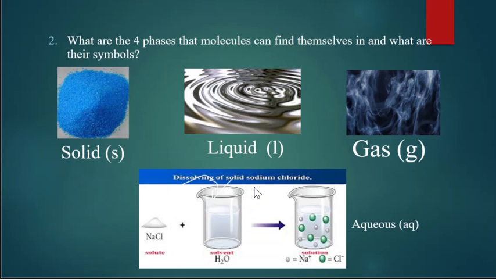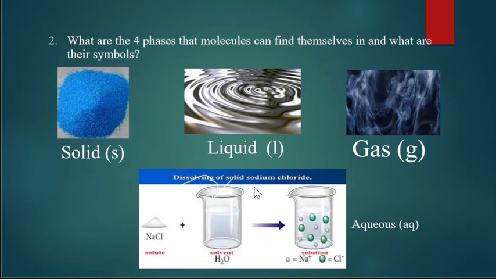Now that one is one that you are not familiar with. AQ stands for aqueous. Okay, so that wasn't very helpful. Aqueous means dissolved in water. That means what happens when you take some salt, which is a solid, and put it in water and it disappears. Well, according to the law of conservation of matter, it really doesn't disappear.